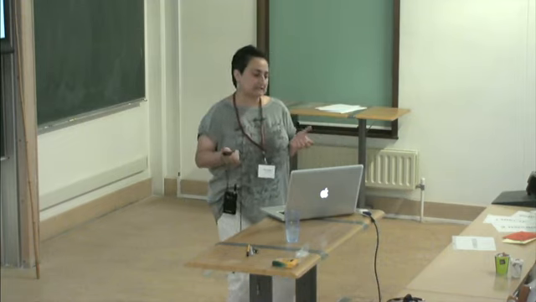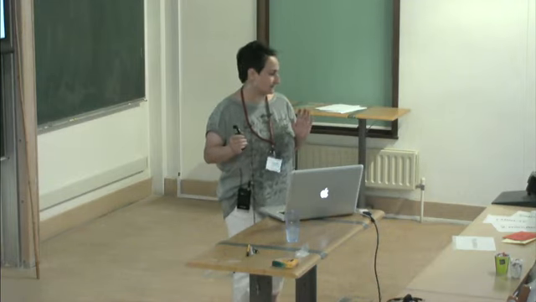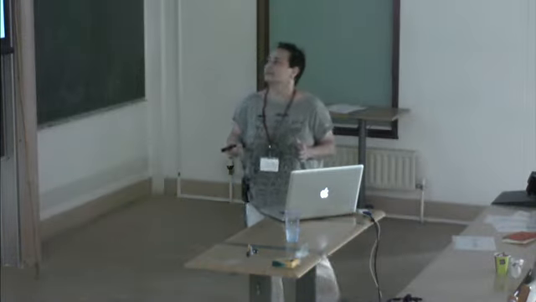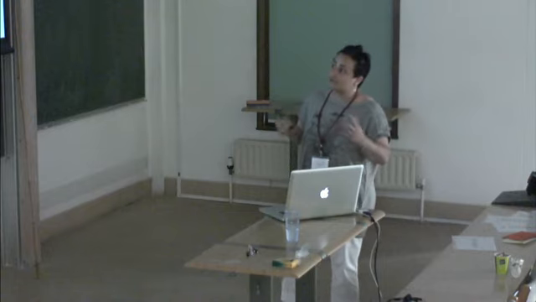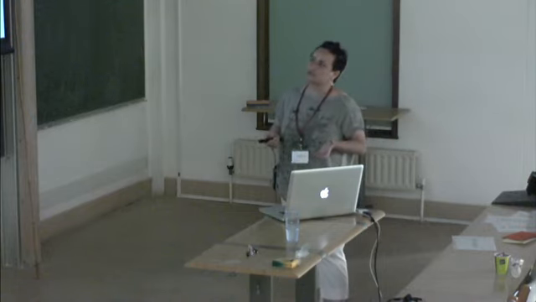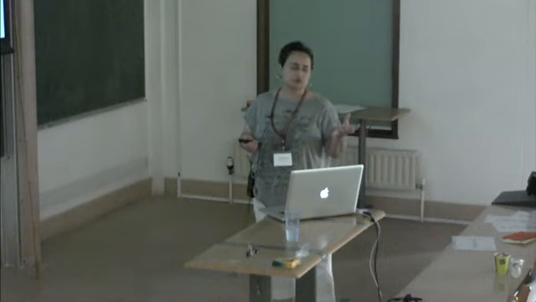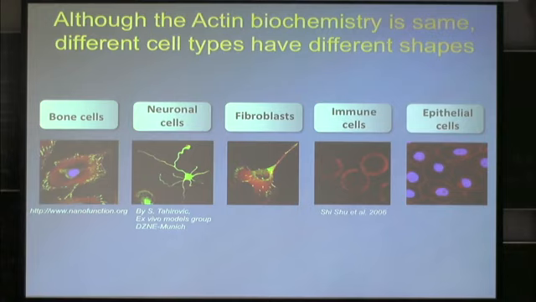Despite the biochemistry of actin polymerization being quite the same in different cell types, we see big differences in overall cell shape, as here: bone cells look much more rigid and not very dynamic, in contrast to neuronal cells, which look much more dynamic, thin, and plastic.